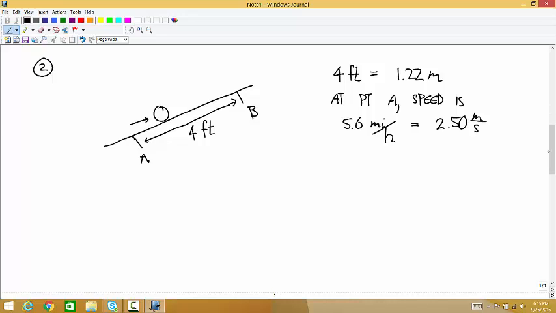And we know that it takes 1.5 seconds to go from A to B. We don't know that B is the highest point or anything like that. It's just like we happen to have someone with a stopwatch at A and someone else with a stopwatch at B. Those are the two times we know.